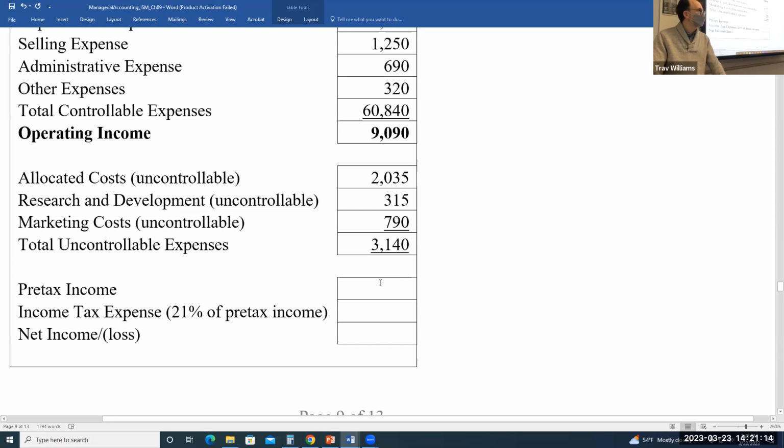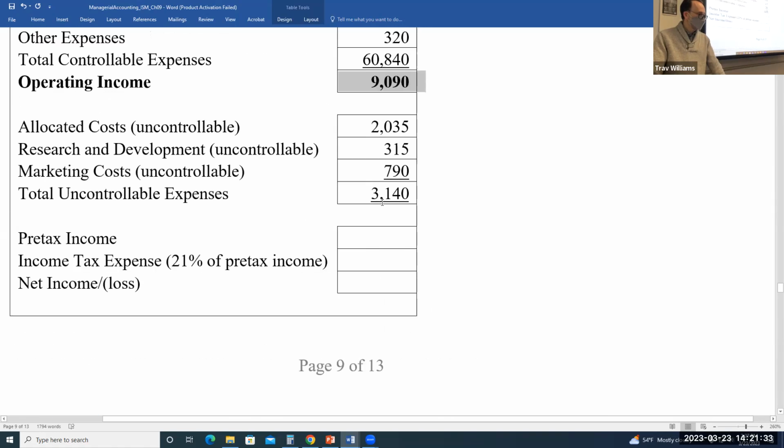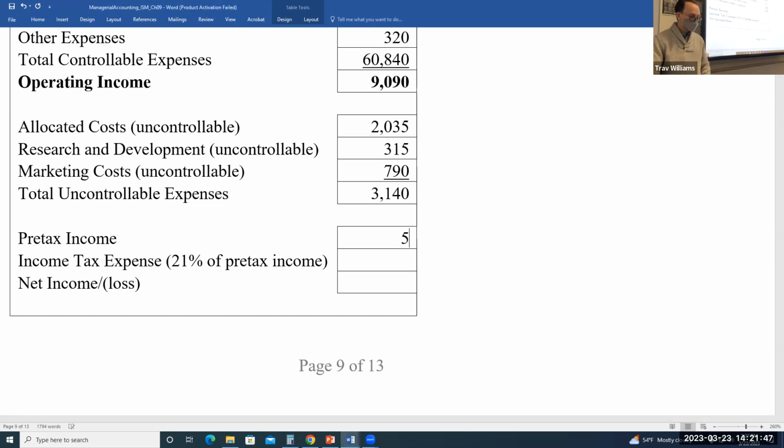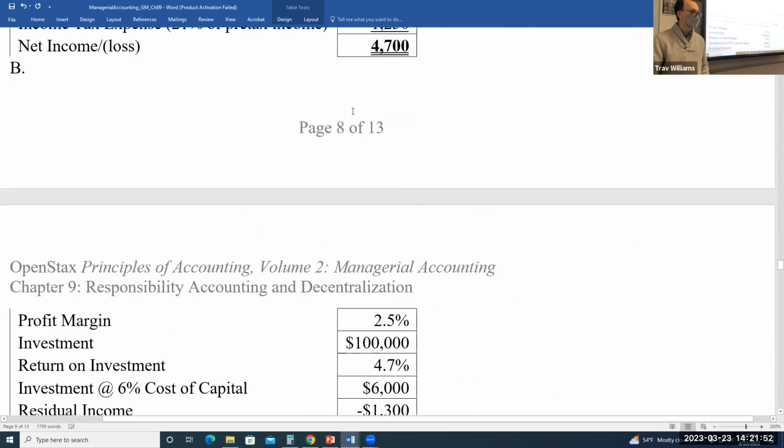And then now we're going to do our analyses here based on the calculations that don't include those uncontrollable costs. Okay, so operating income, I guess we still do have to figure out pre-tax income, which comes out the same, which means last part's going to be the same as well.